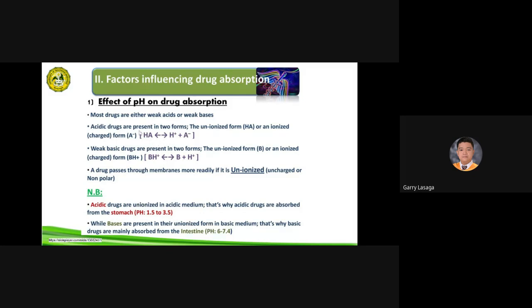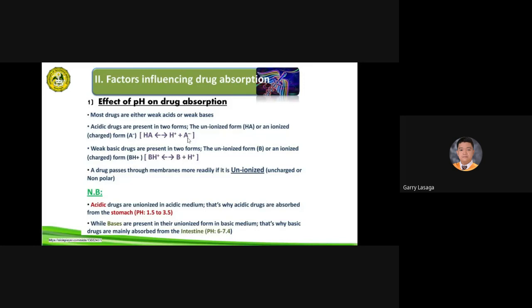Because a weak acid has the ability to donate or give off hydrogen ions, when that happens, a conjugate base will be formed. A conjugate base is an acid that is formed after the removal of the hydrogen ion or the proton. So in this case, we have here the A minus.